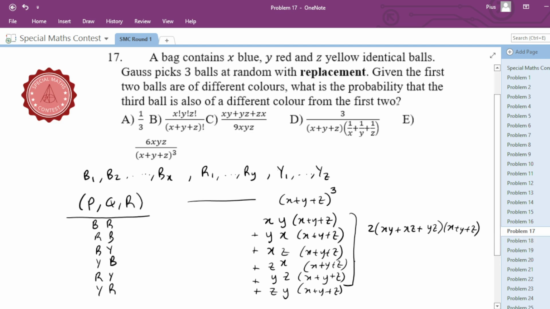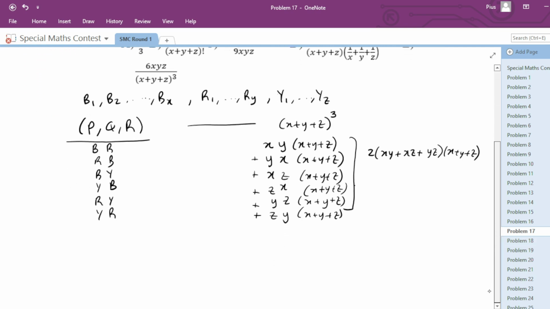Now we can go ahead to see the favorable outcomes. This time around, the third ball also has to be different, so all 3 are different. It's similar to what we did before. We could have the same blue red, but then the last has to be different, so it can only be the third color. The only difference is that the last one is now the third color we've not picked so far.